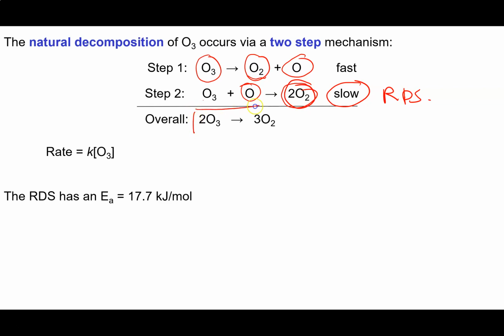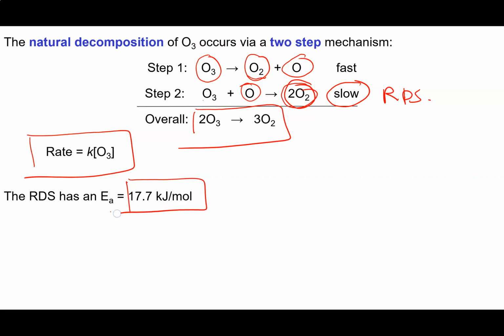Overall, two molecules of ozone decompose to form three molecules of O2. When we work out the rate law for this reaction, we see that it is first order in O3, and it has an activation energy of 17.7 kilojoules per mole.